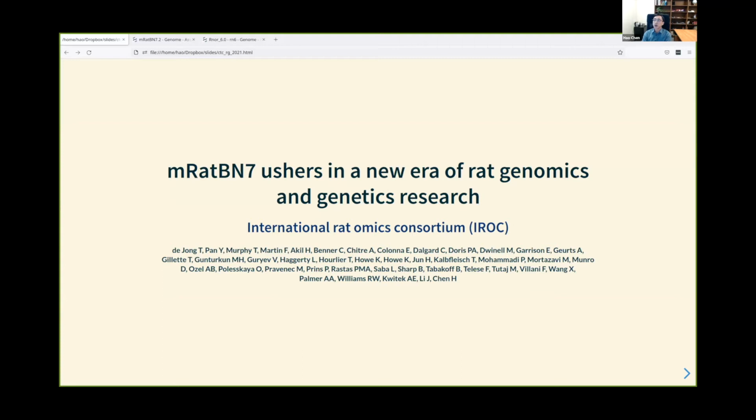The Brown Norway is the same strain as all previous rat references. This new version is now available from all major rat genome databases, including RGD, NCBI, Ensembl, and UCSC. UCSC calls it rn7, and the official name is mRatBN7. Occasionally you might also see people talking about mRatNor1, and they're all the same.